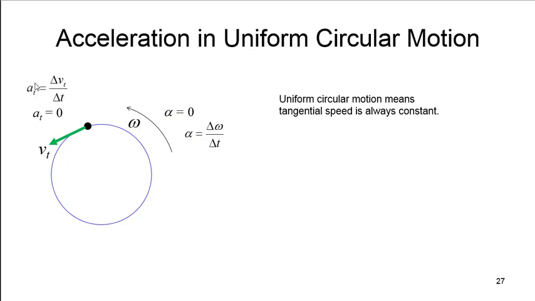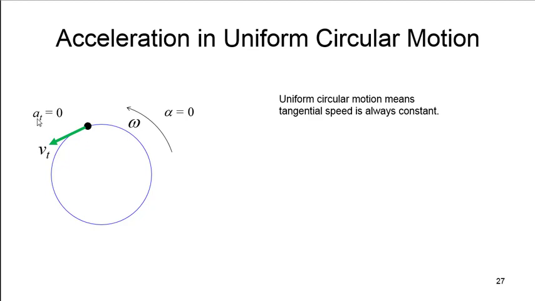Just a reminder, tangential acceleration measures how your velocity changes and how fast that happens. And your angular acceleration measures how fast your angular velocity changes. Those things are not changing, so these accelerations are zero. But as we just showed, because this object is always turning, there is some type of acceleration.